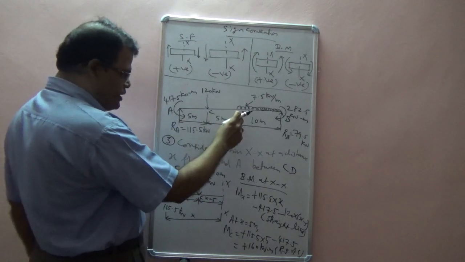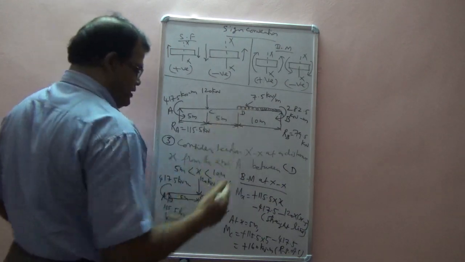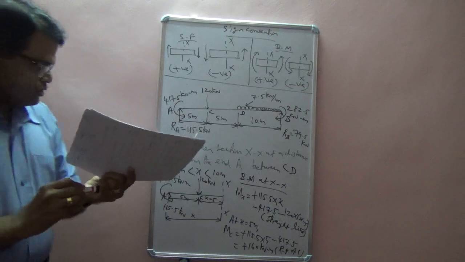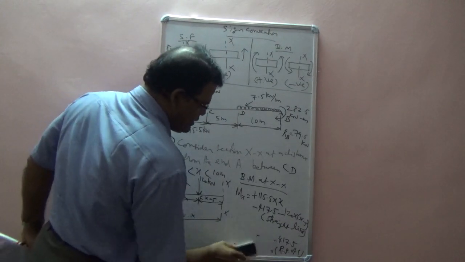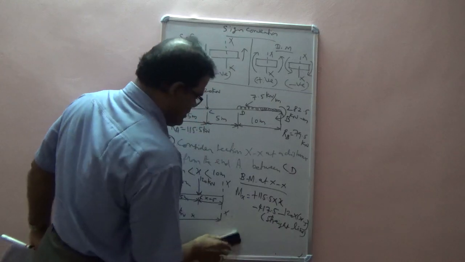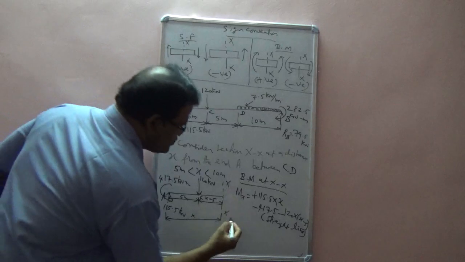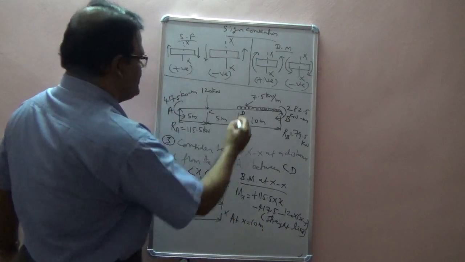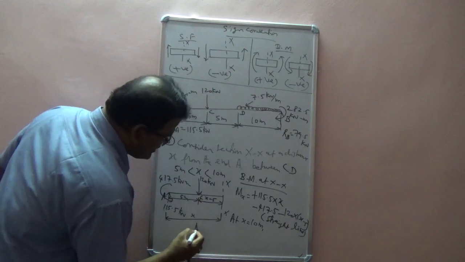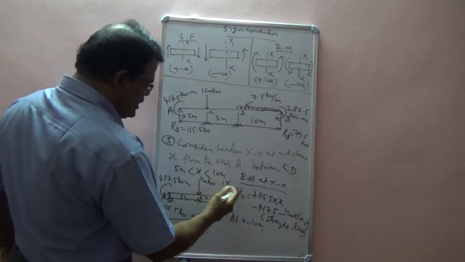Next, at x is equal to 10 meter, that is point D. Therefore, that is MD, which is representing the left side of D, because the section is at the left side.